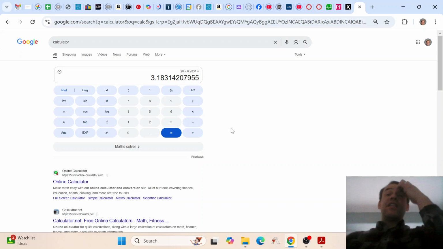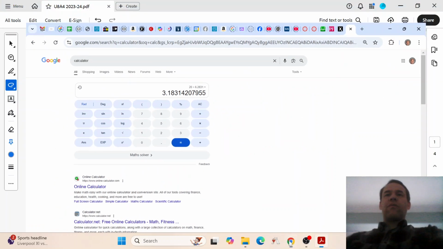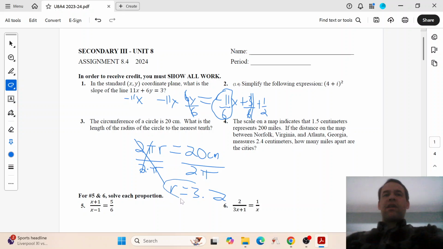That's a bit better. So 3.183, so 3.2. There we go. So r is equal to, to the nearest tenth, rounded up, 3.2. Nice.